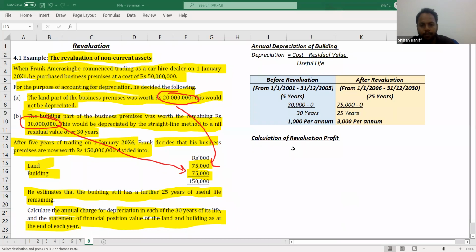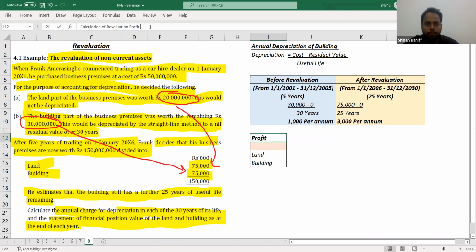So we have two assets, land and building. We need to find the book value as at 1st of January 2006.